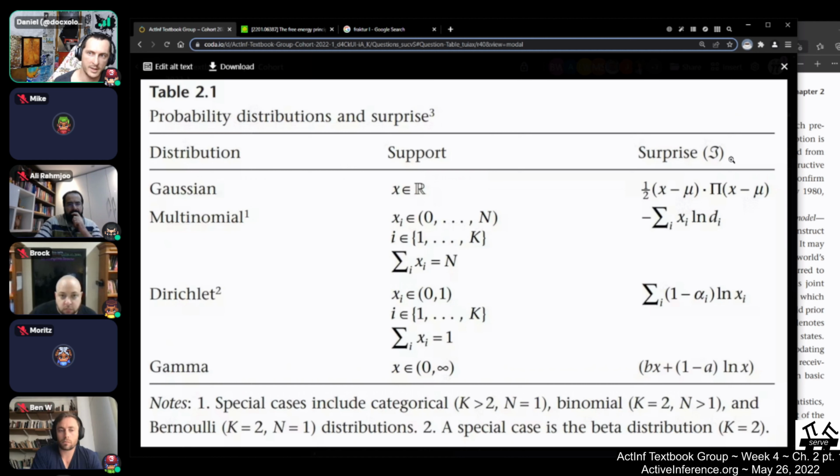So how surprised one should be by a new data point coming in is related to the difference between that new data point and the mean. So if the new data point were exactly on the center of the distribution, this whole term is going to go to 0. So one should not be surprised at all by exact data points on the mean of the distribution. But any data point that is not exactly on the mean is going to have some non-zero value.